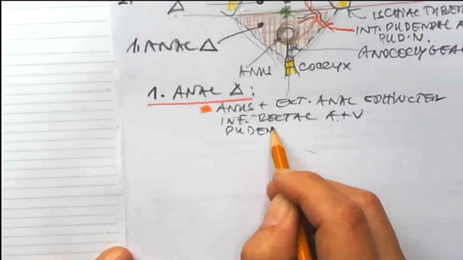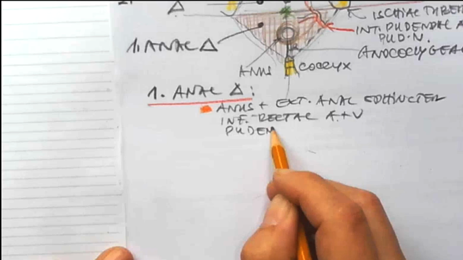Inferior rectal artery comes from the pudendal canal. That means, in fact, pudendal nerve plus the internal pudendal artery plus vein, correct?